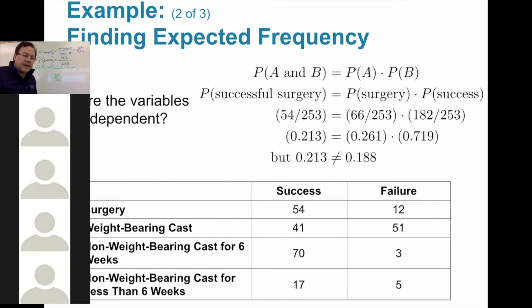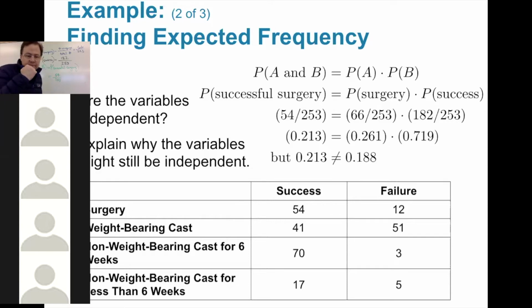So as usual, we're asking whether the difference between the 0.213 and 0.188 is a significant difference. I'm trying to emphasize the language that we've been using in chapters 8 and 9 regarding hypothesis testing. So it is possible that the difference is due to sampling error, and so it is possible that the variables are still independent.